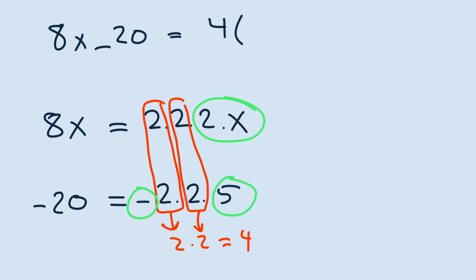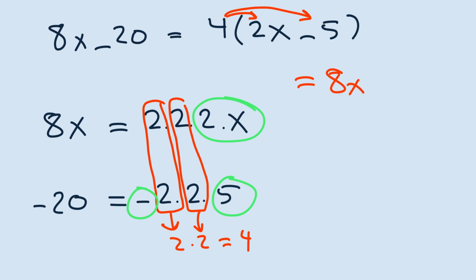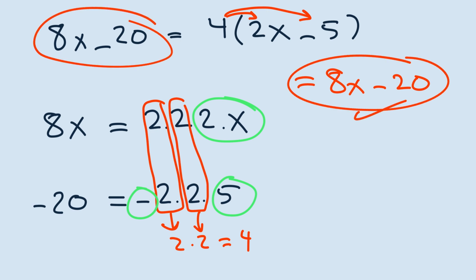So we have x minus 5. Now let us check our answer. I will multiply 4 with these two terms. 4 times x equals 4x. 4 times negative 5 equals negative 20. So this equals this.